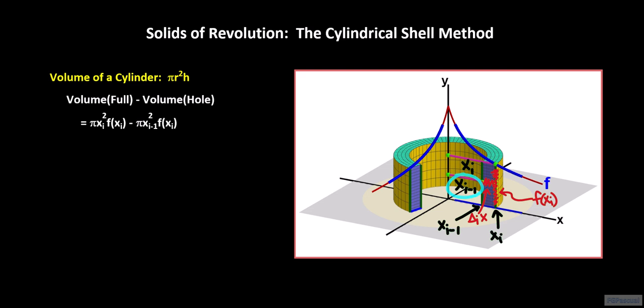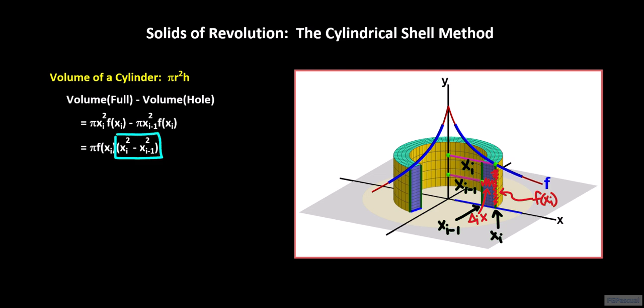We factor out pi and f of x sub i. So the volume of the ith cylindrical shell is pi times f of x sub i times the difference between x sub i squared and x sub i minus 1 squared. We factor out x sub i squared minus x sub i minus 1 squared.